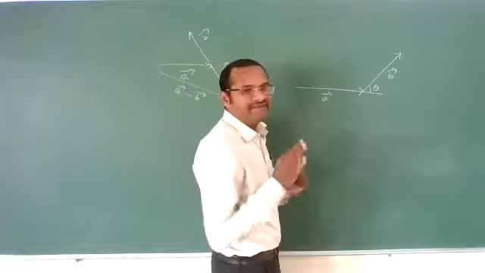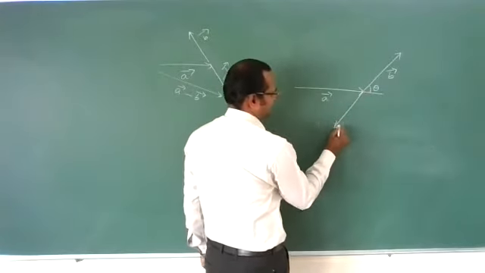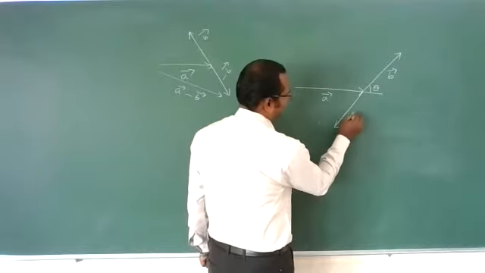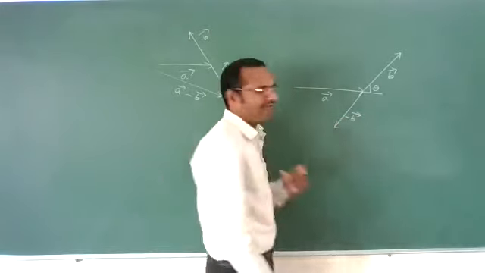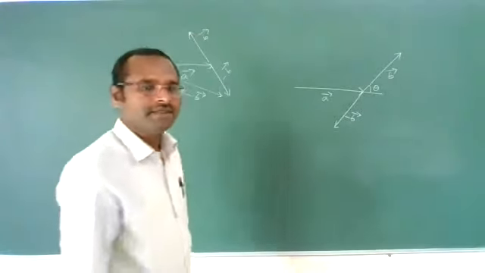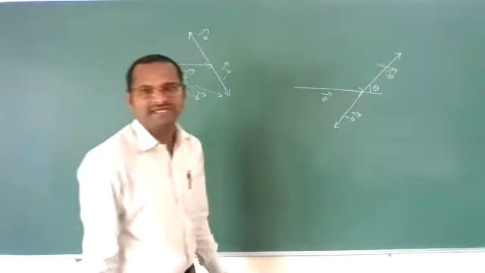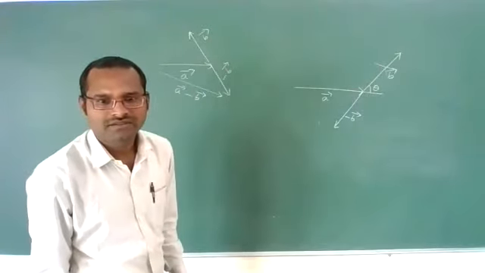Now we want A minus B. So for that, draw the negative vector like this. This will be called minus B bar. Now you forget about this vector.